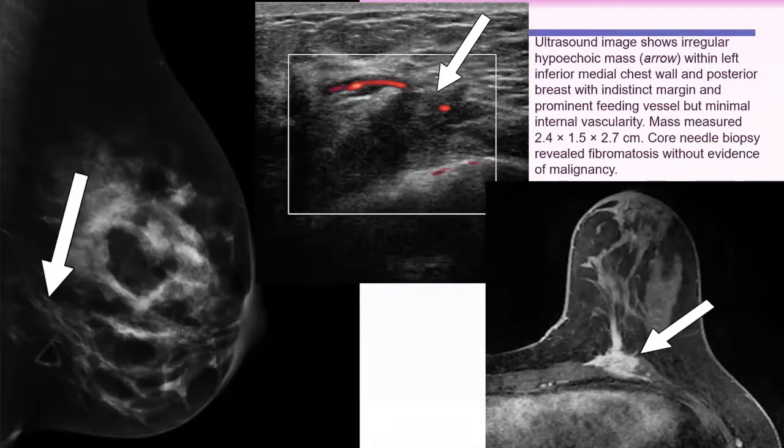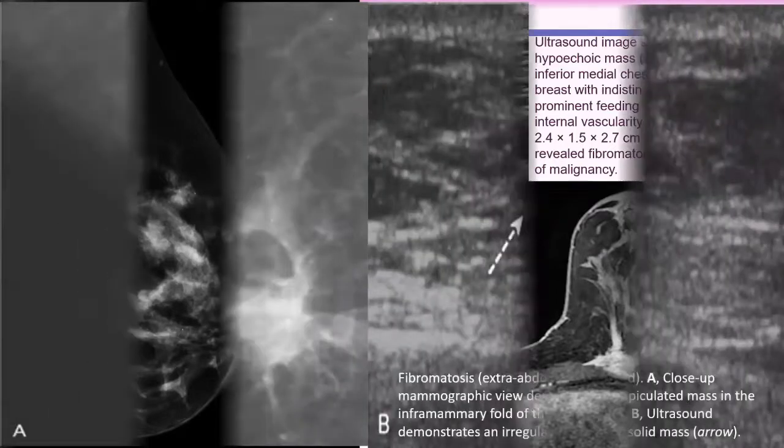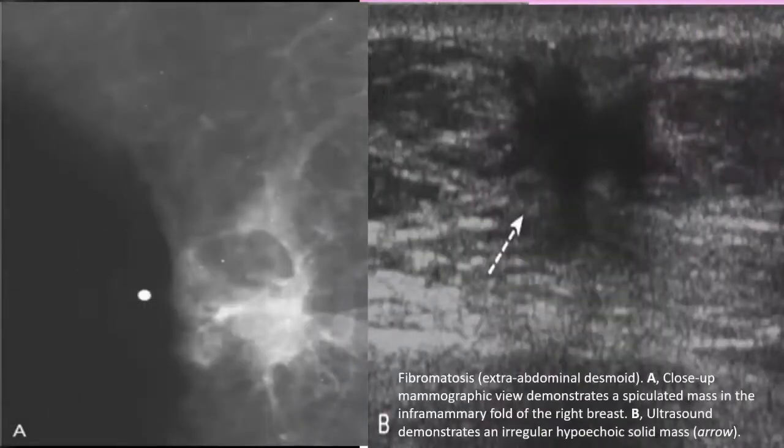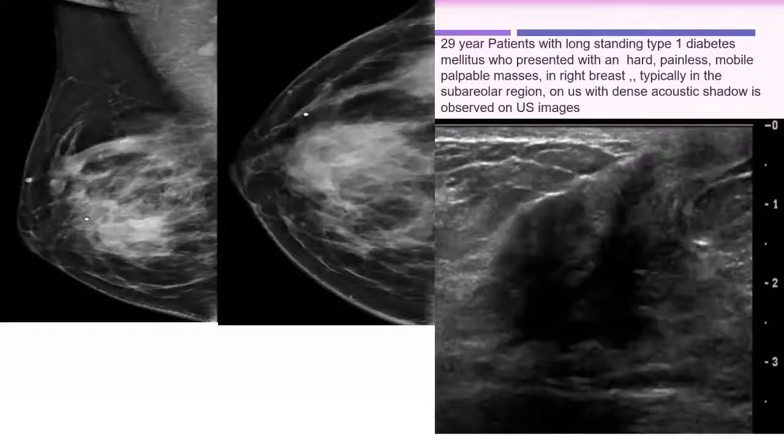And especially if the patient has an implant prosthesis, it is associated with it. This is another example of fibromatosis, also simulating breast cancer. You cannot differentiate it by imaging. Look how aggressive it is, irregular, spiculated, on both ultrasound and mammography, with shadowing on ultrasound.